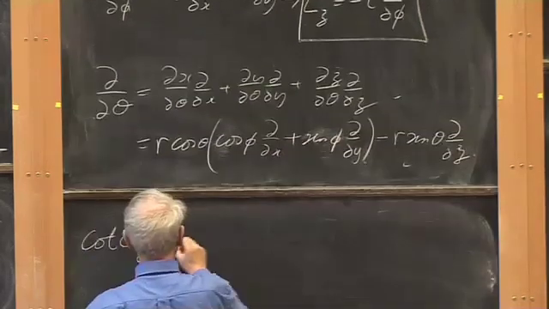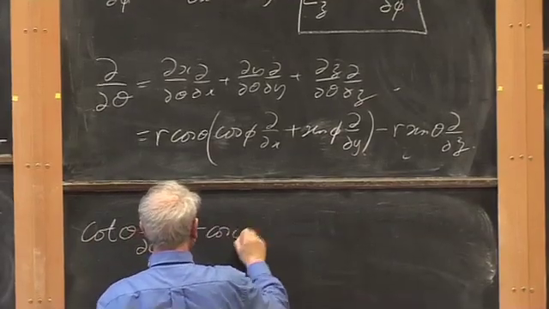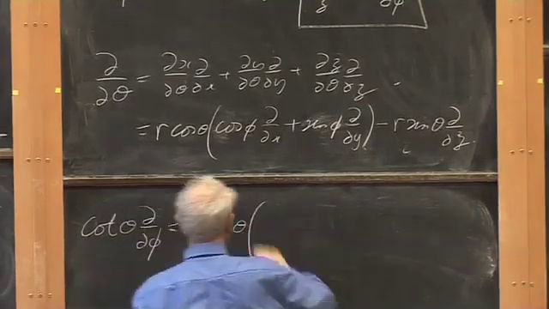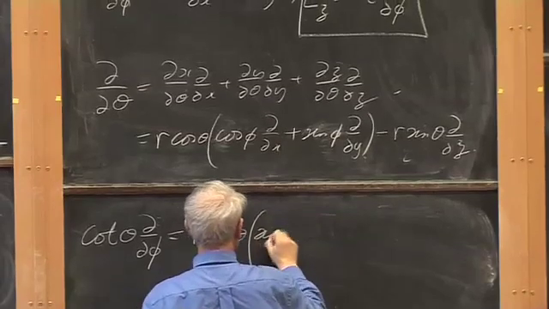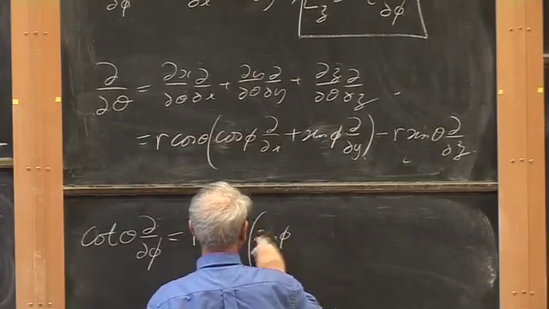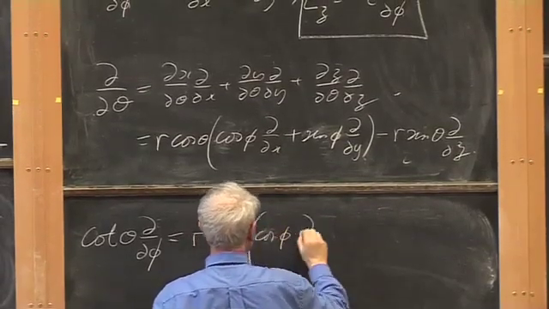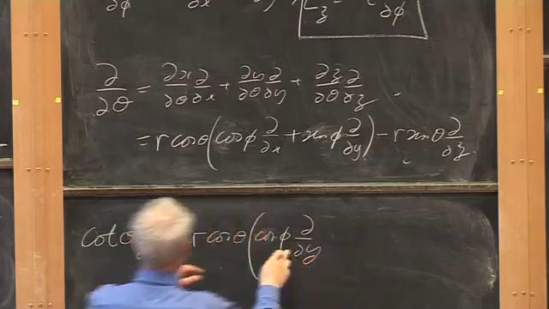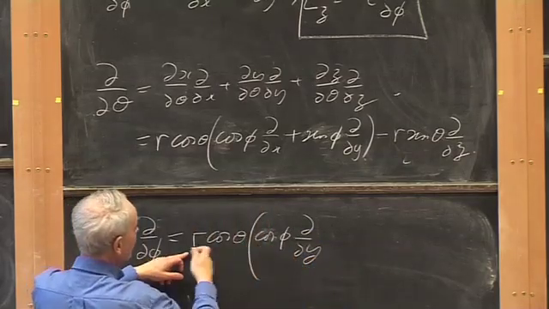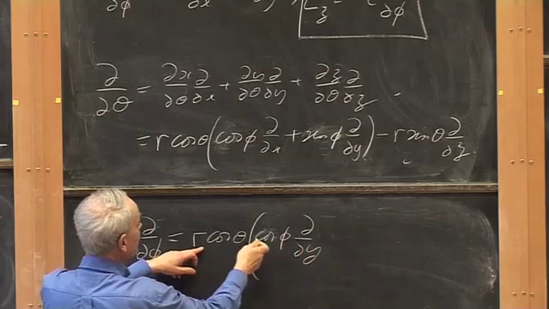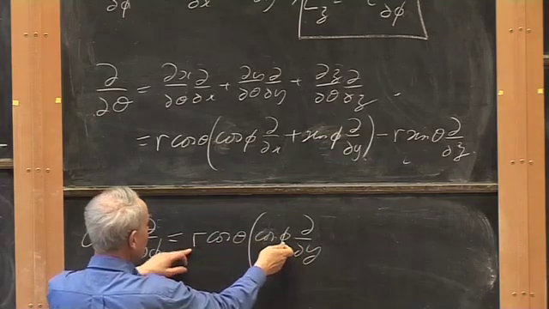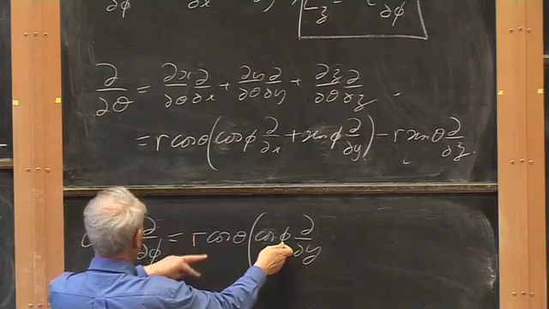So this is going to be r cos theta, brackets, sin phi cos phi d by dy. So this here is r sin theta cos phi, which is x, times cos over sin, which is cot.